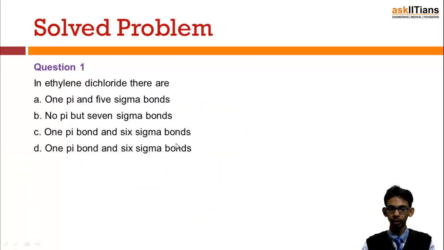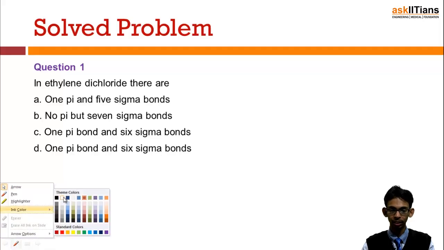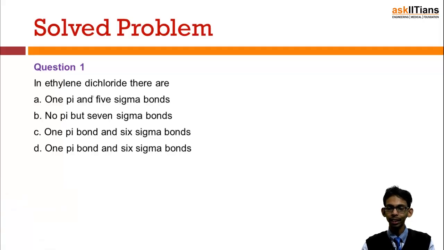Now let's try to solve some problems which were asked in IIT-JEE once, and it says this one: in ethylene dichloride there are 1 pi. So we have to find out the type and number of bonds present in ethylene dichloride. So what is the structure of ethylene dichloride? It is ethylene, 1 H here, 1 Cl here, 1 Cl here, 1 H here.